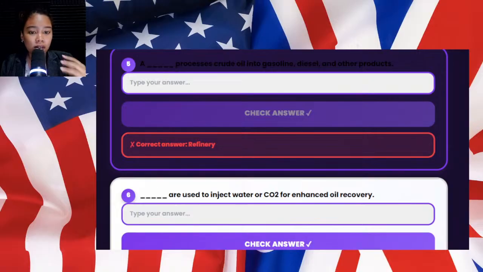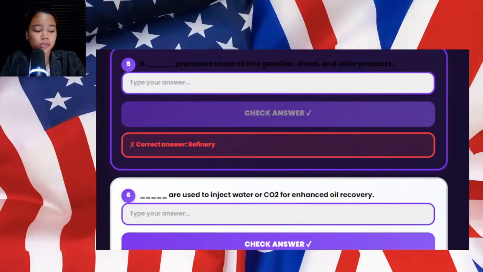Catalytic cracking just uses the refining process. Yes, that might be confusing, but at least we know already that when we say catalytic cracking, that is the refining process that breaks down large molecules into gasoline and diesel. It converts heavy crude fractions into gasoline and diesel.